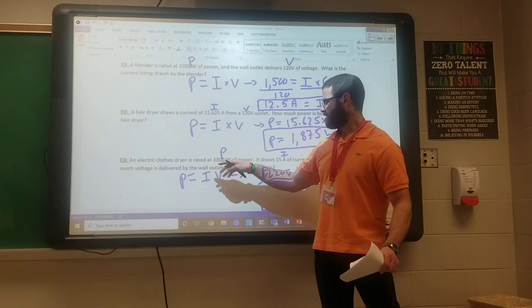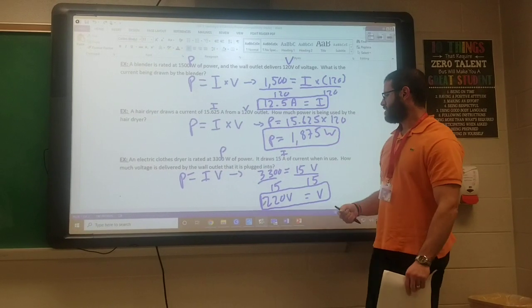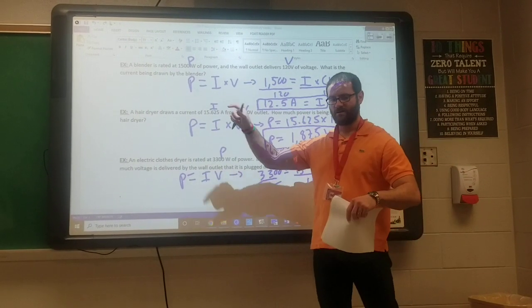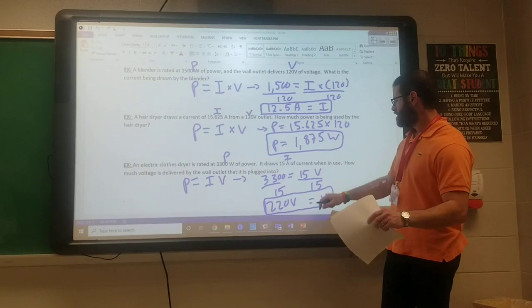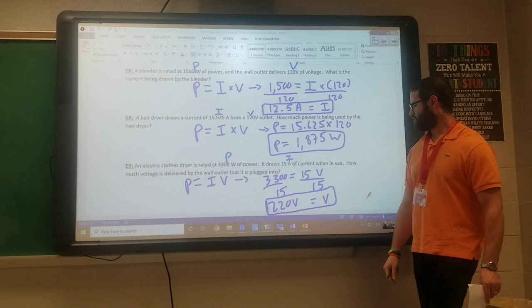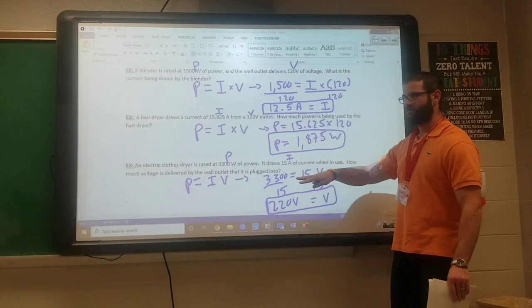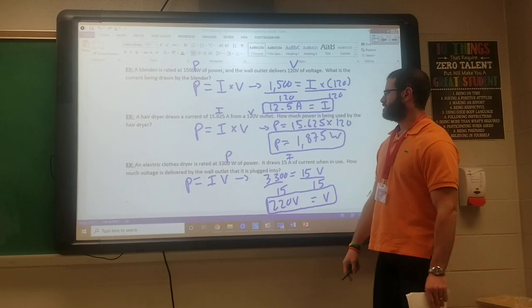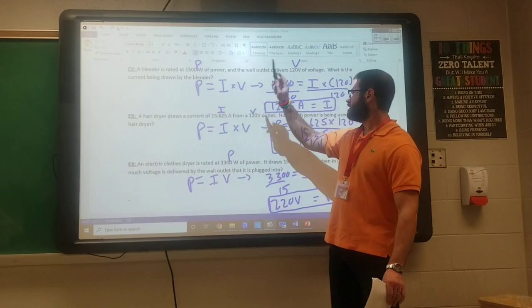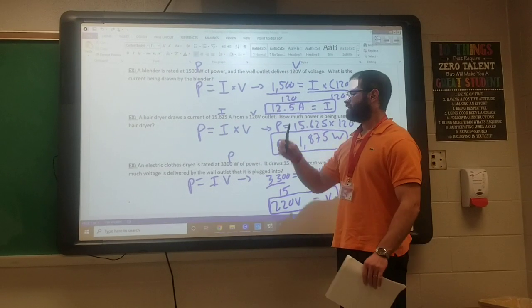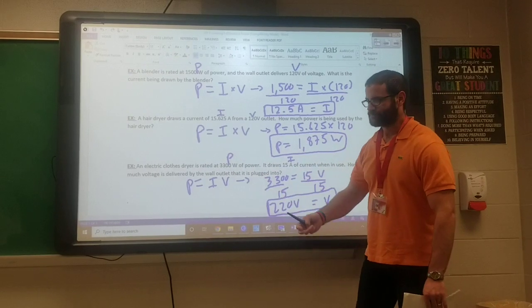They produce a lot more power and draw a lot more current, so they have a larger capacity outlet with more volts. 220 volts would be the voltage based on the power of 3,300 watts and a 15 amp current. With these calculations, we always go back to power being equal to current times voltage, and given two of those quantities, we can calculate the third one.